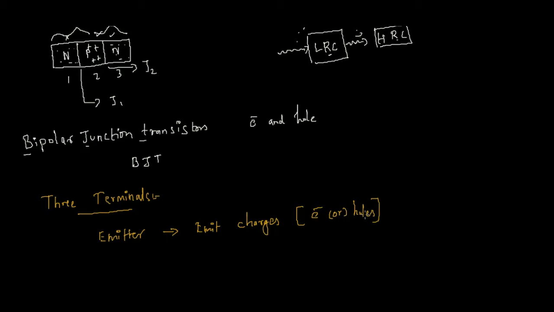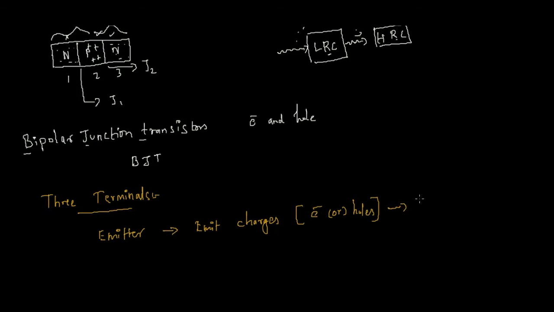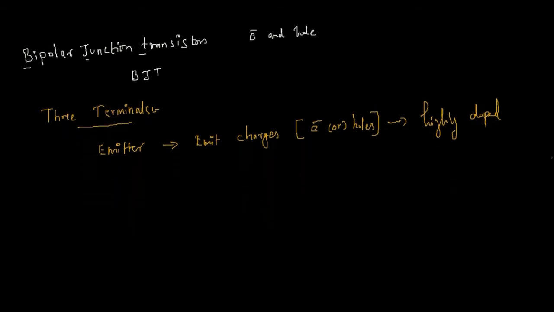These emitters are heavily doped, right? They are given lots of impurities because we want the maximum number of charges to be emitted from the emitter, so that it can release more charges. So we are doping them heavily, right? The second one is the collector.